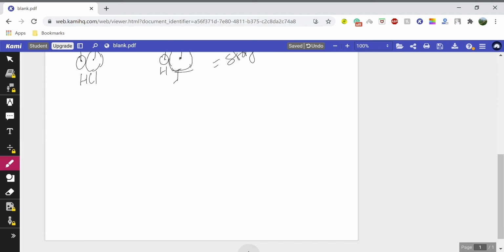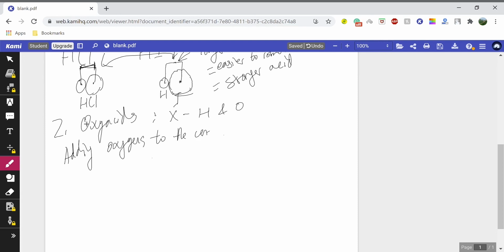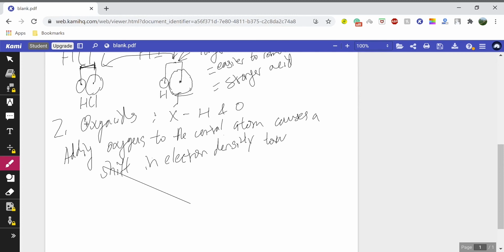Now our second type, if we're given oxyacids now, oxyacids contain X, H, and O. Adding oxygens to the central atom causes a shift in electron density toward the central atom.